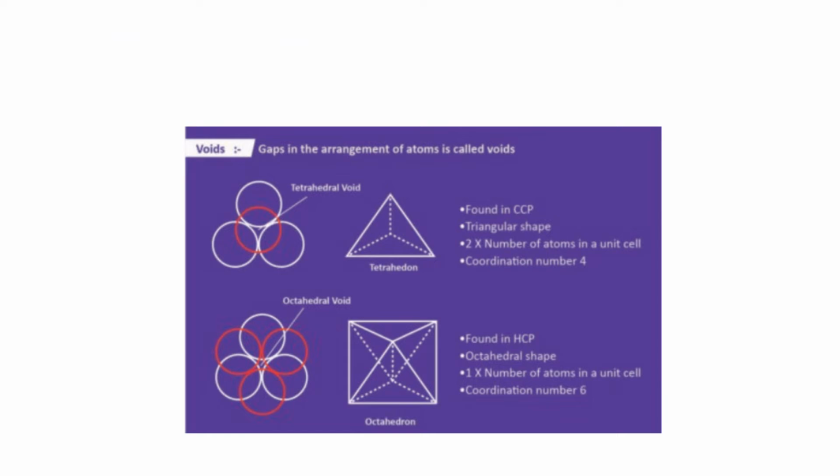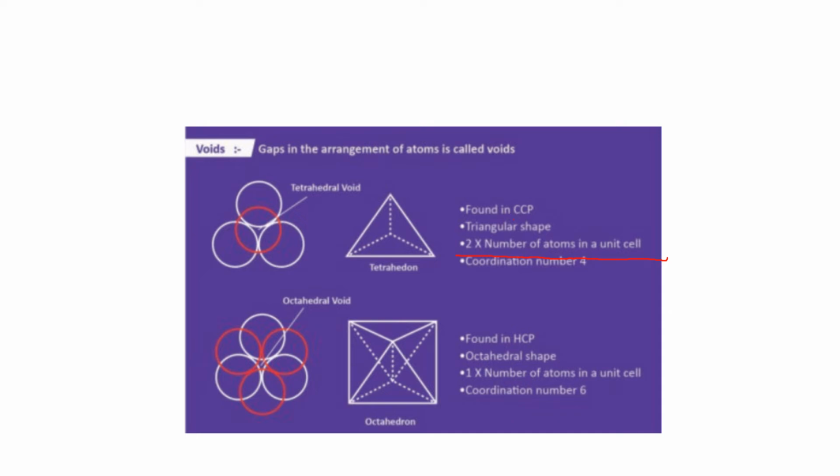This is a brief description of the 2 types of voids we learned, tetrahedral voids and octahedral voids, and the coordination number and the number of voids. If you're considering a cubic close packed structure, the tetrahedral voids are equal to 2 times the number of atoms in the unit cell.